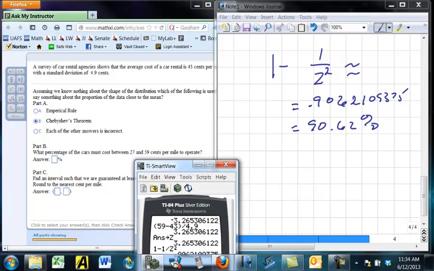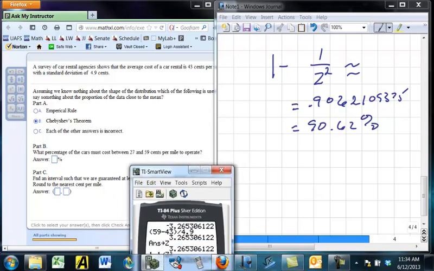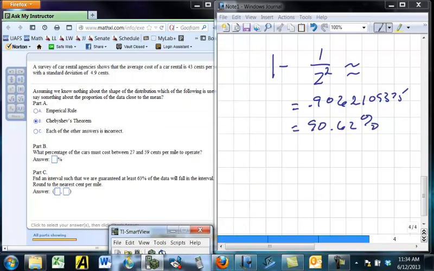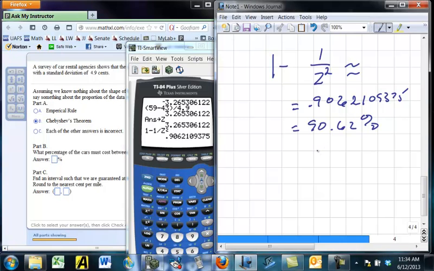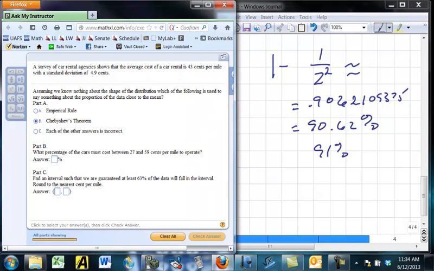It didn't tell us where to round off, so I think a whole number percent works here. So about 91%.